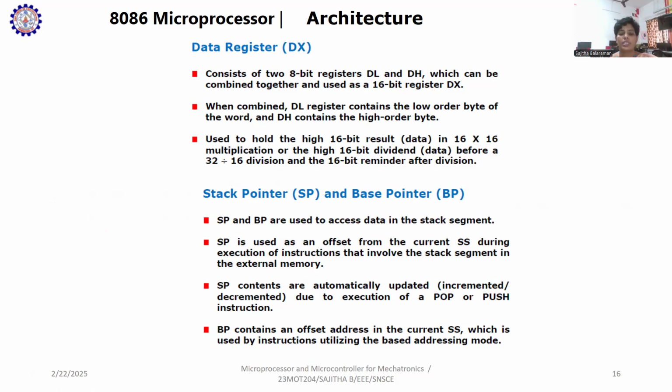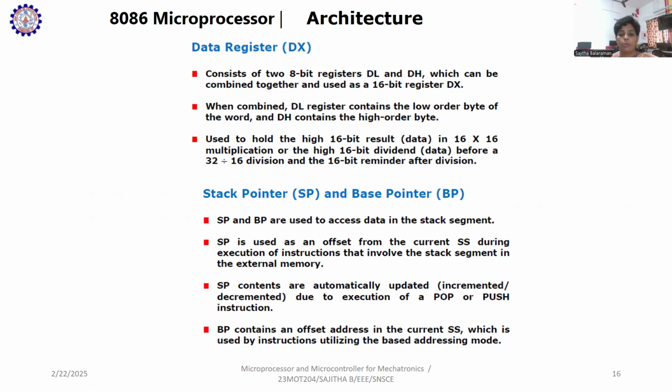Now coming to the stack pointer SP and the base pointer BP. SP and BP are used to access data in the stack segment, and SP is used as an offset for the current SS during execution of instructions that involve the stack segment in the external memory.